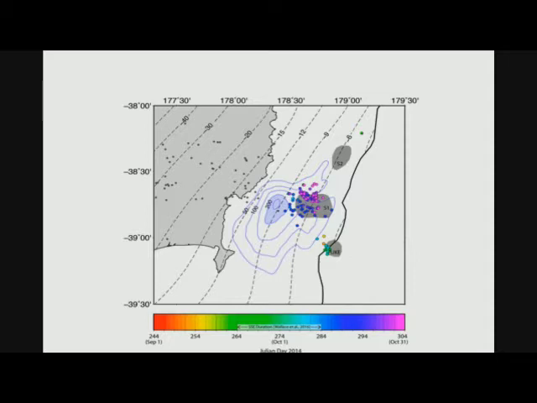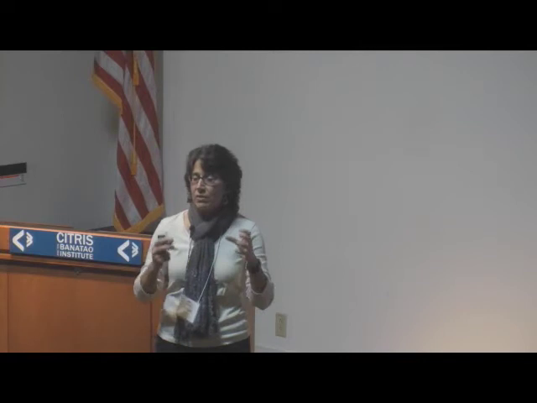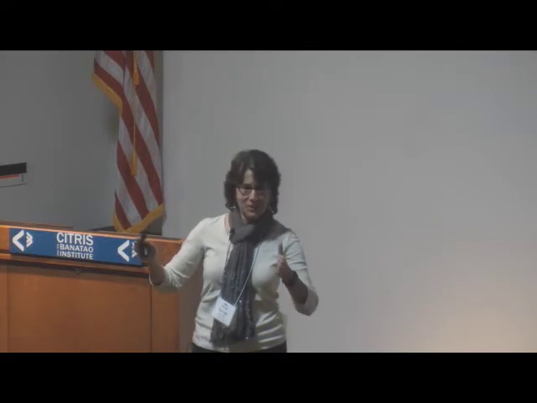That's these contours, and we get slip, this is 5 centimeters, very, very close to the trench. There are very few subduction zones where we actually have any kind of shallow offshore geodetic data. The two that I've been involved in, where we have that information, show that we have a lot of slow slip occurring. In fact, we have enough slow slip. If the periodicity of these slow slip events goes back 10 or 15 years and they happen every year or two, they can account for all of the plate motion.